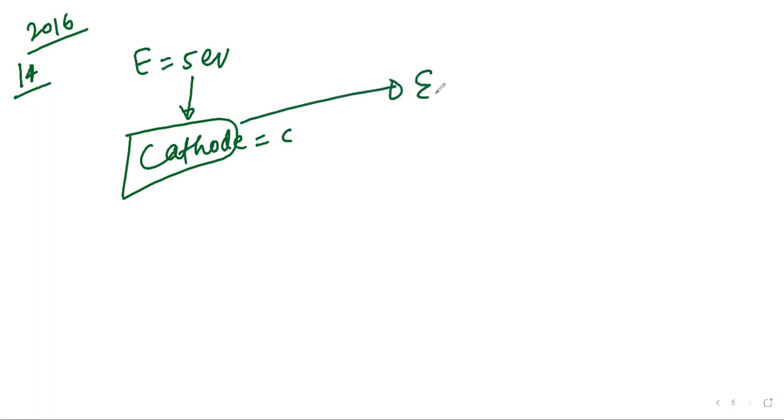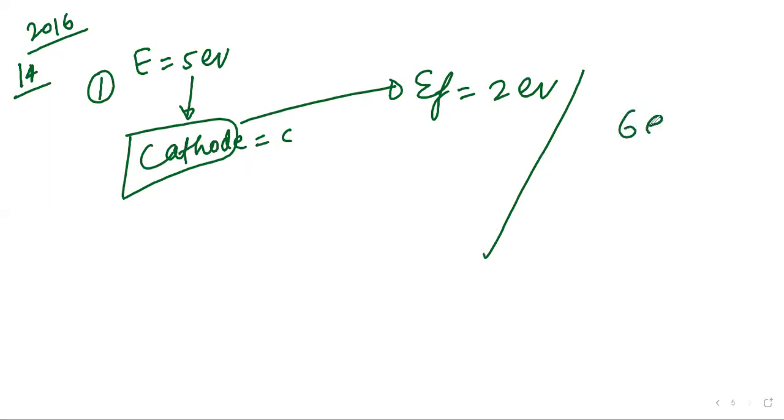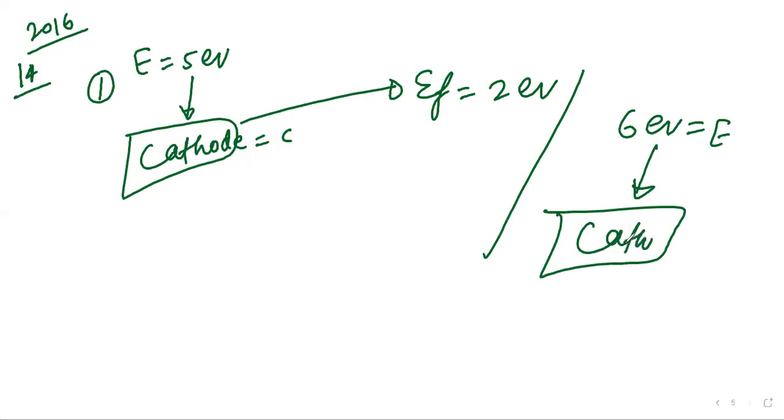This is case 1. For the second case, when photons of energy 6 electron volt are incident on the cathode, no photoelectrons will reach the anode A. So we have to find the stopping potential, the potential difference of A to C.